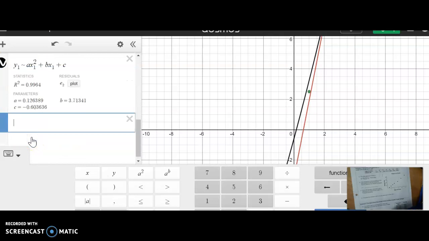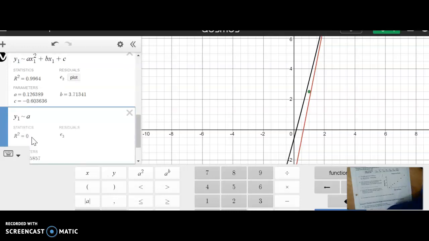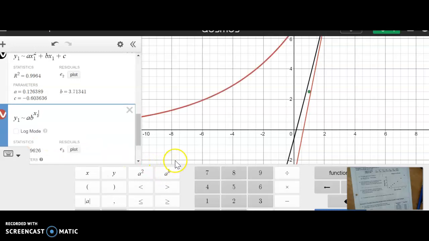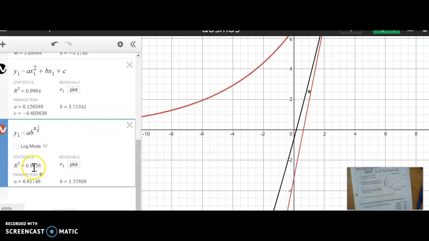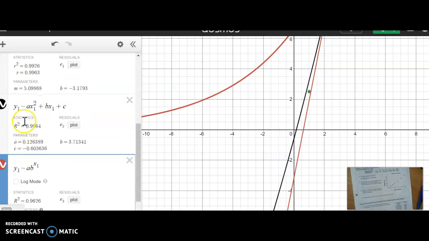And then I'm going to do y1 regression a times b to the x1. And that is 0.96. So between the three of them, the quadratic has the highest.